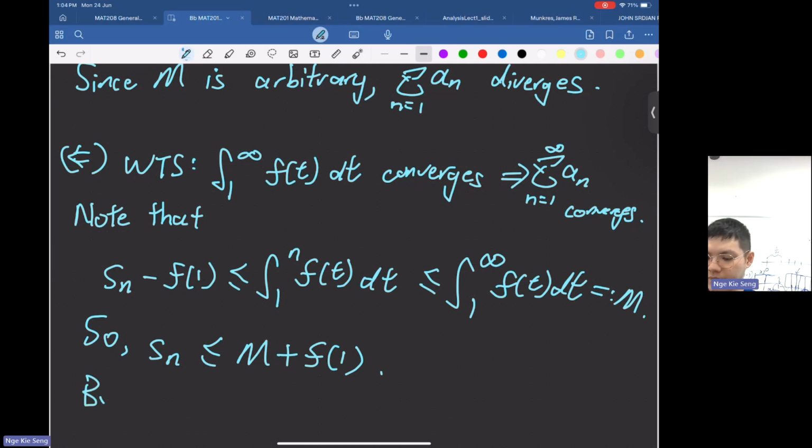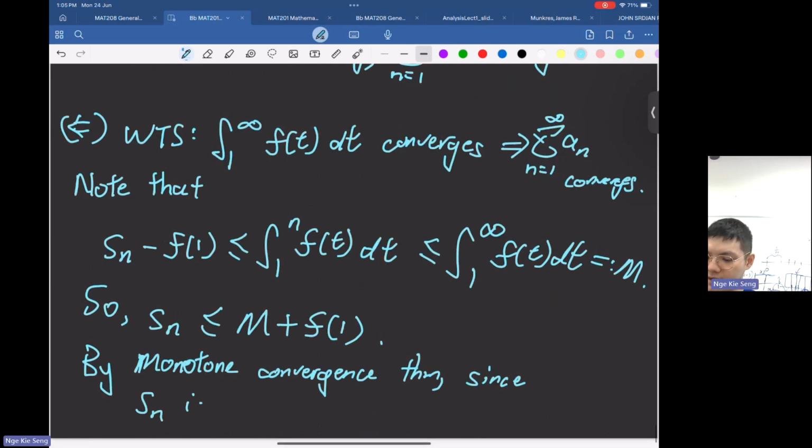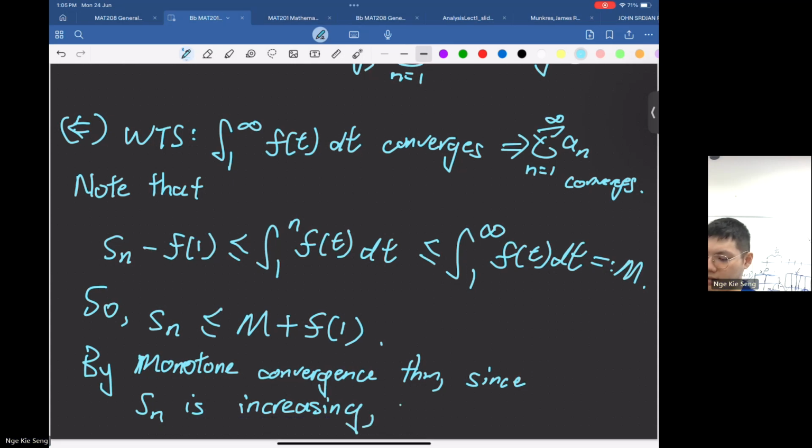So by the monotone convergence theorem, since Sn is increasing, Sn converges.